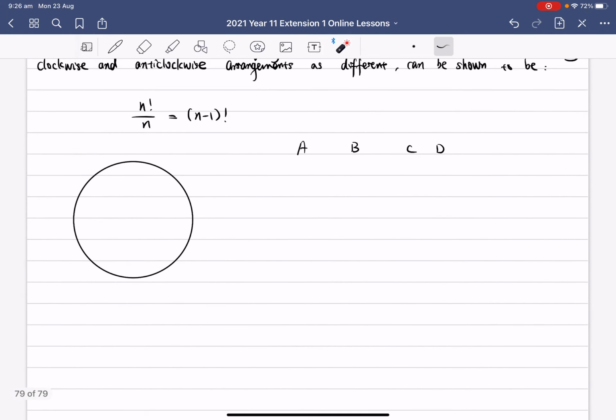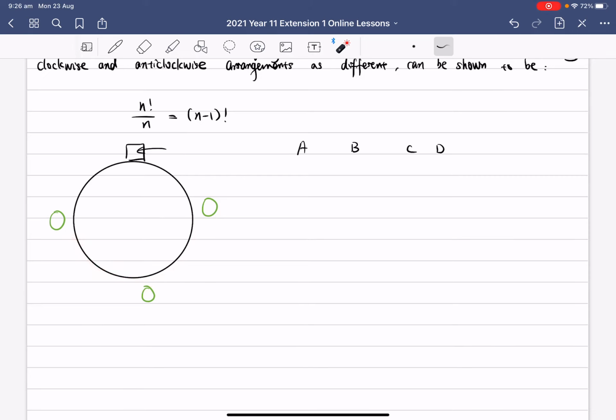The second method is, for example, if we fix this place as the starting place, then we're going to have one letter placed there, and the other 3 letters can rearrange among themselves.